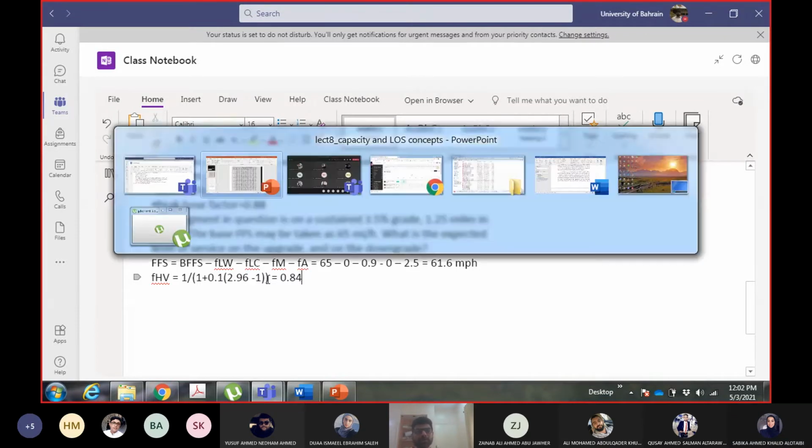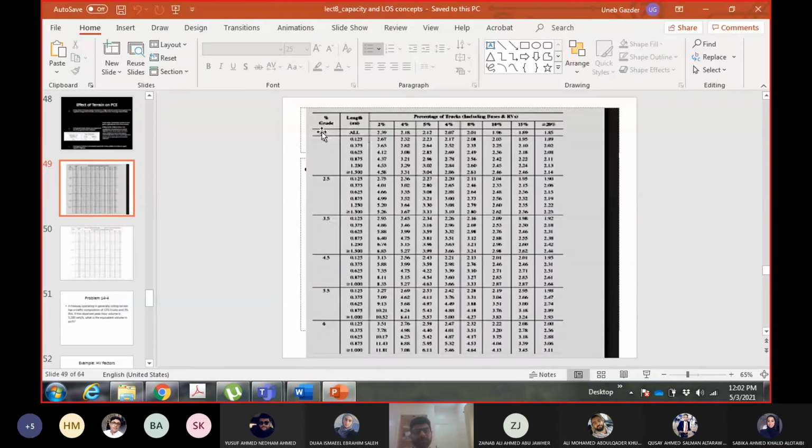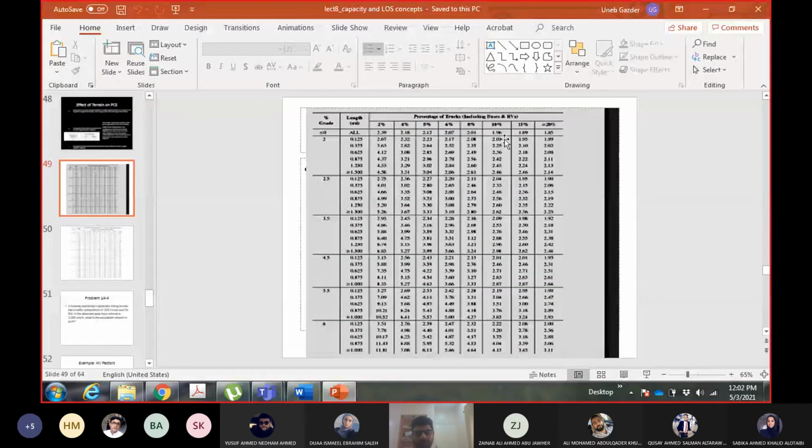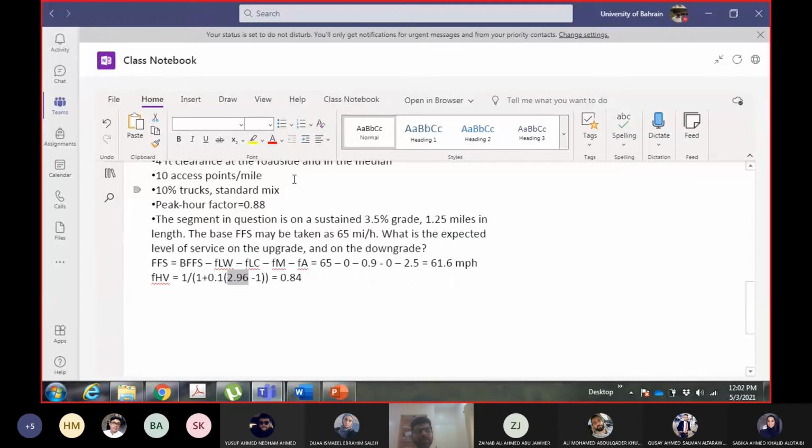For the downward condition, the gradients, all the values are in the first row. For downward gradient, all the values are in the first row. So this value will change. The value which you have taken as 2.96 will change. You can see in the table, this value is now 1.96. For downward gradient, this value is 1.96. So I will mark it here. I will highlight it.